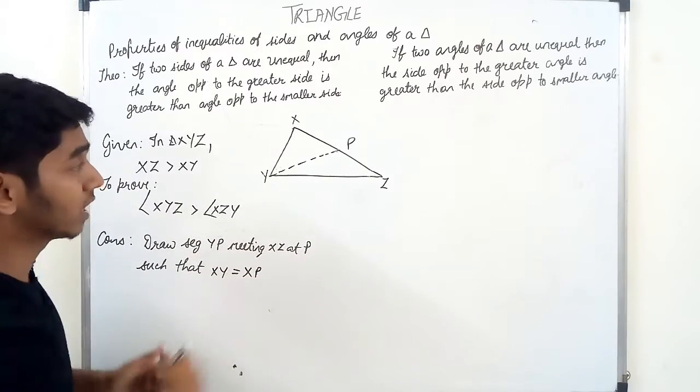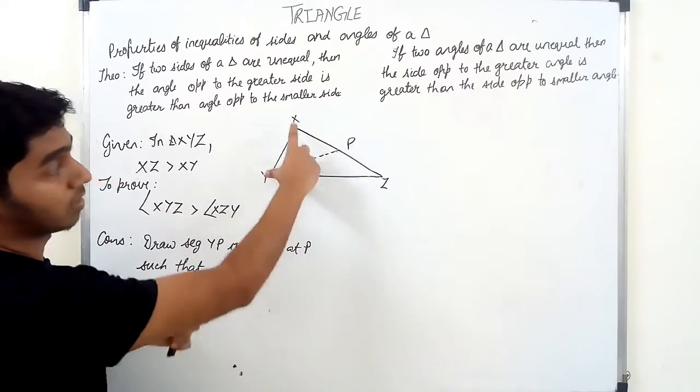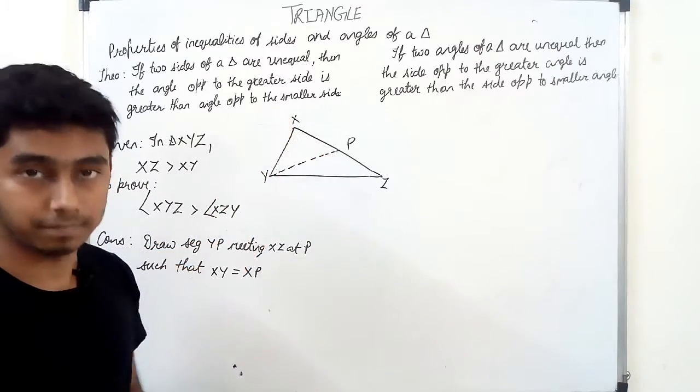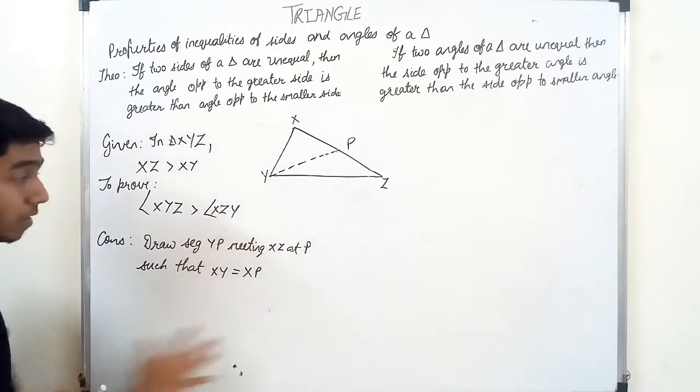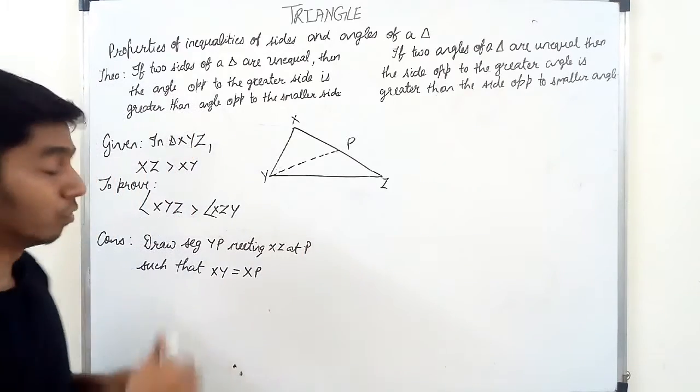So we are doing a construction here which gives you that this side, the smaller side of the triangle, is the same as this XP. So I hope you have understood. This is what our construction is. Now let's start with the proof.